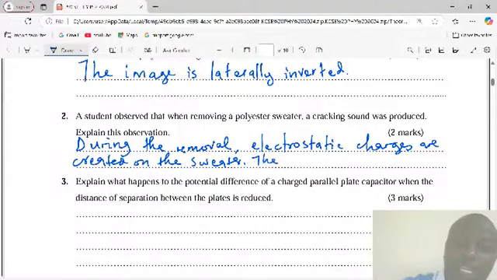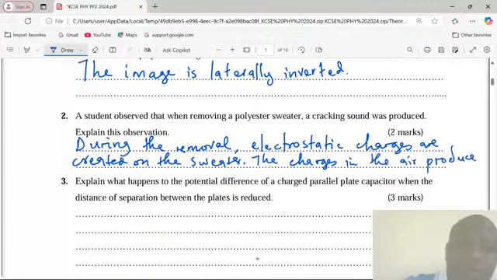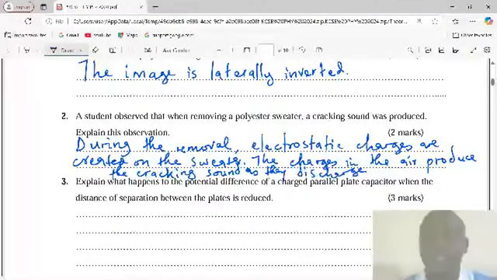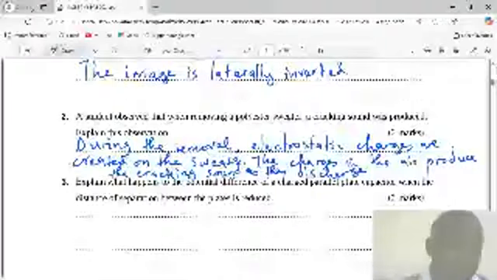The charges in the air produce the cracking sound as they neutralize with the charges formed on the sweater. So during the discharging, a sound is going to be produced.